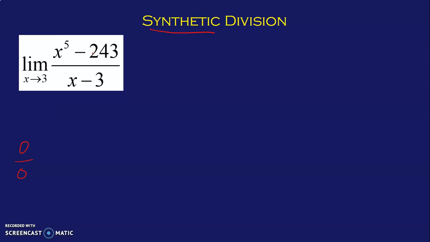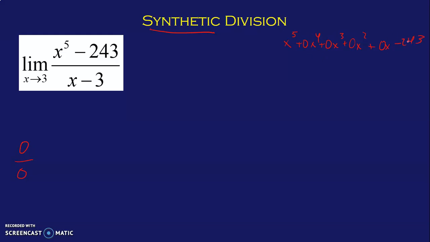So the way synthetic division works is you write this out with your 0 placeholders. So I'm going to rewrite this as x to the 5th plus 0x to the 4th plus 0x to the 3rd plus 0x squared plus 0x minus 243.